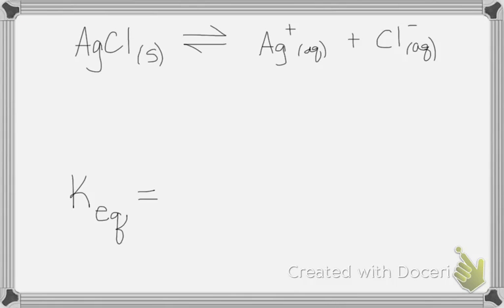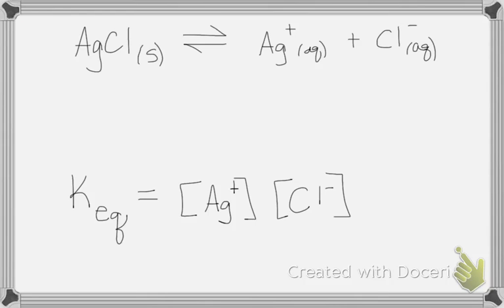Products first over reactants. The products are the concentration of the silver ion times the concentration of the chloride ion. Over what? Over nothing, because the reactants are a solid, and we never include solid in equilibrium constant expressions. Just gases and aqueous. Okay?